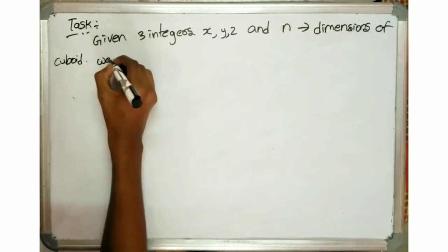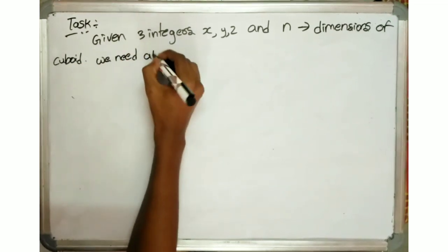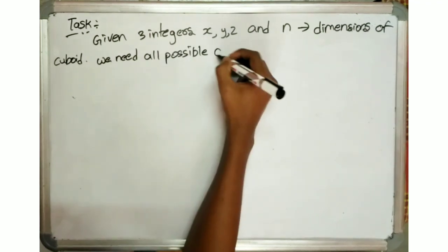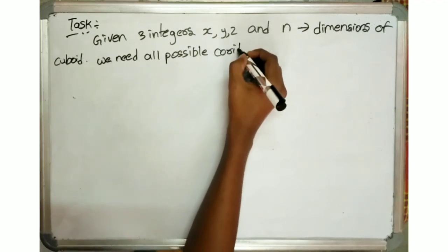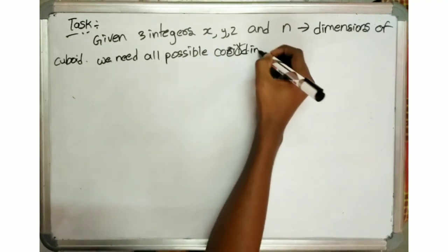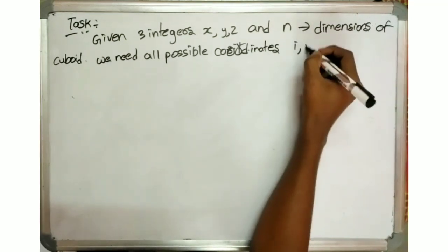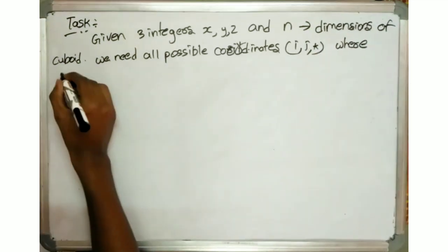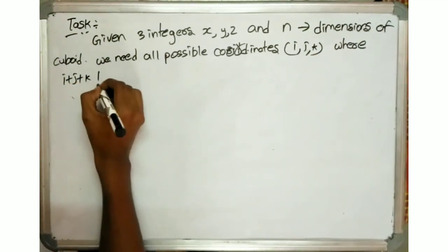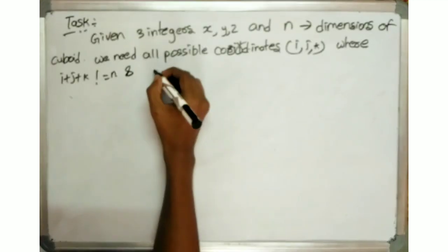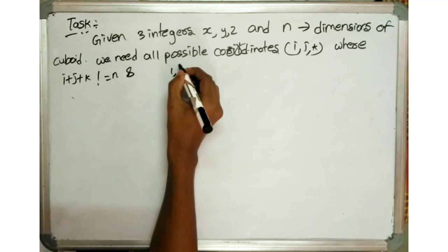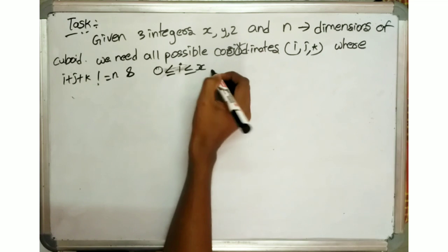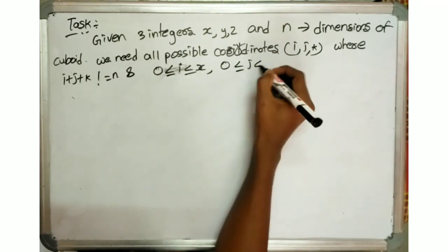We need to print all possible coordinates given by i comma j comma k, where the condition is i plus j plus k is not equal to n, and i is less than or equal to x, j less than or equal to y.